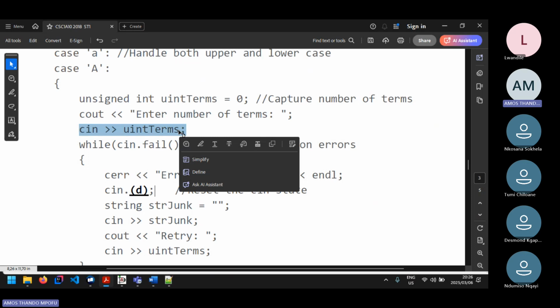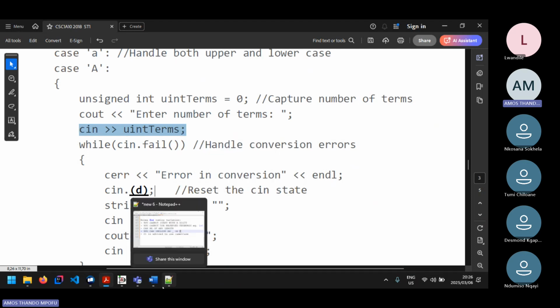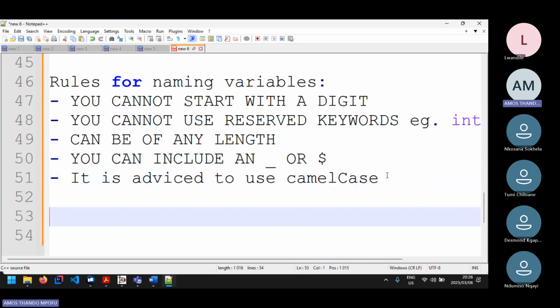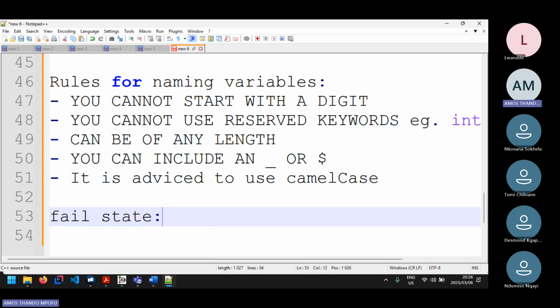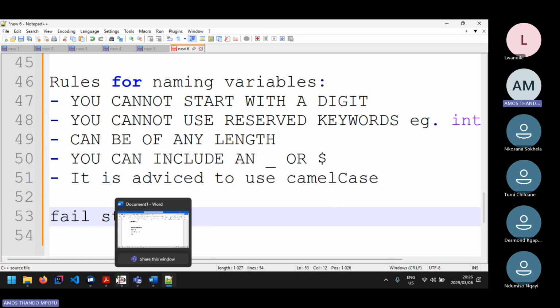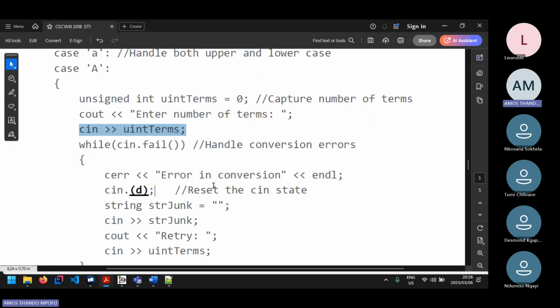Maybe they enter hello world. So what happens is that C++ enters what we call a fail state, meaning that getting input is stopped. No further input will be accepted. So it just fails, meaning that you cannot get input anymore. In order to get input again, you have to do two things.